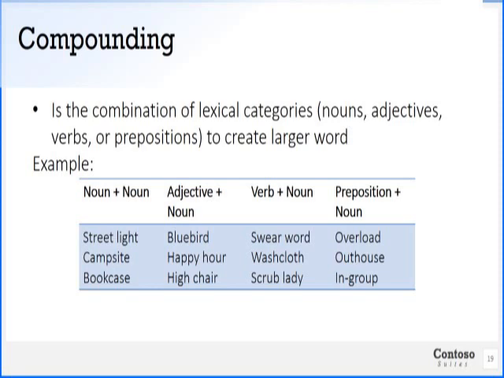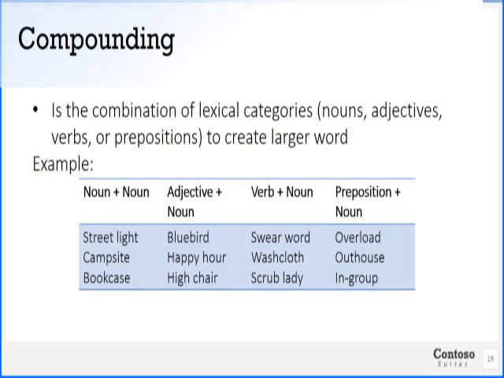And then the next example, adjective with noun. Blue bird. Blue is adjective, bird is noun. Becomes bluebird. And then happy hour. Happy is adjective, hour is noun. And then high chair. High is adjective and chair is noun. And the next is verb with noun, like swearbird, washcloth, scrublady.